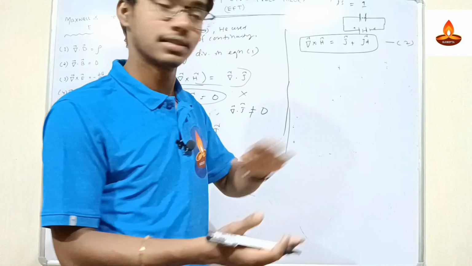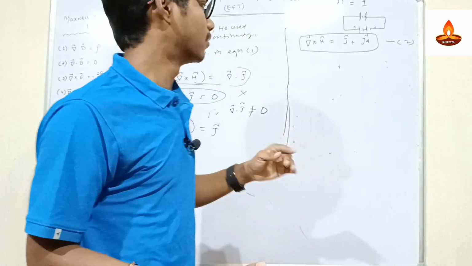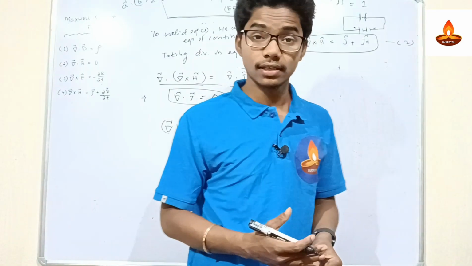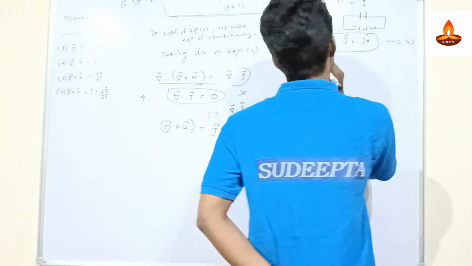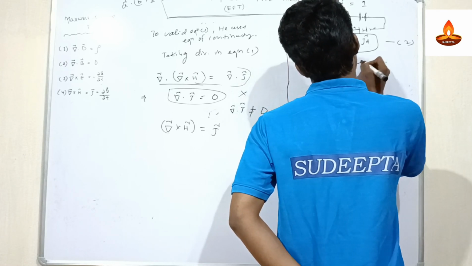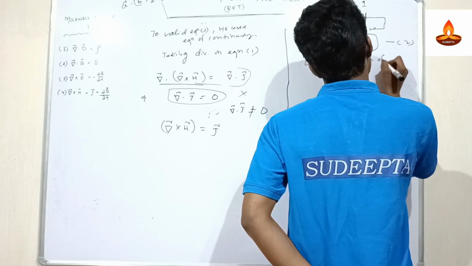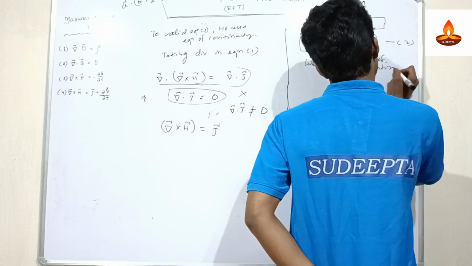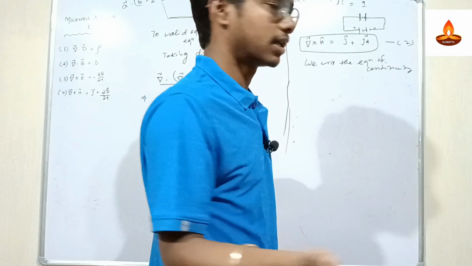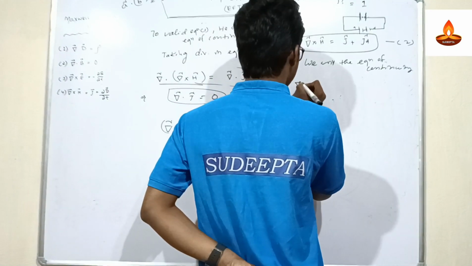Who? Maxwell. Now we are going to verify this again, so we will use the equation of continuity again. We take divergence on both sides.